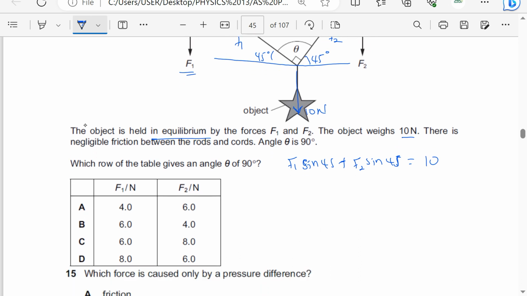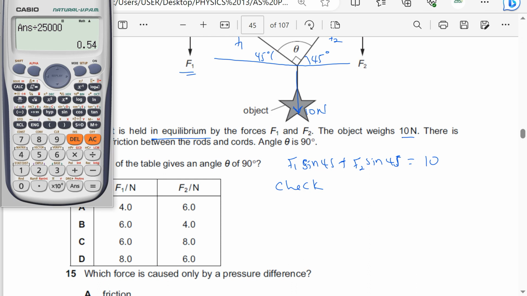So which row of the table gives an angle theta of 90 degrees? We are going to check by inspection, using our calculator. I'll just check C because the values in C make good sense to me. You can check the rest.